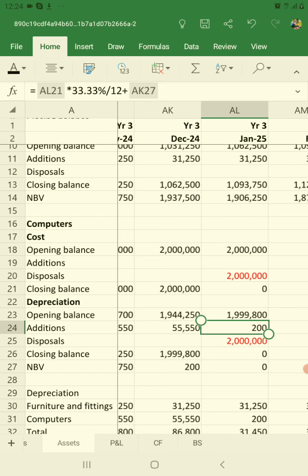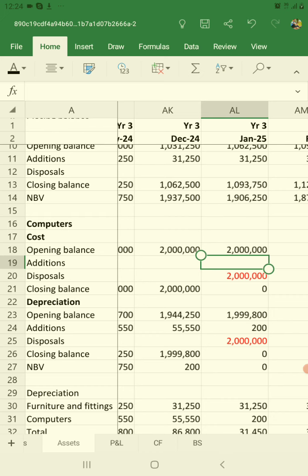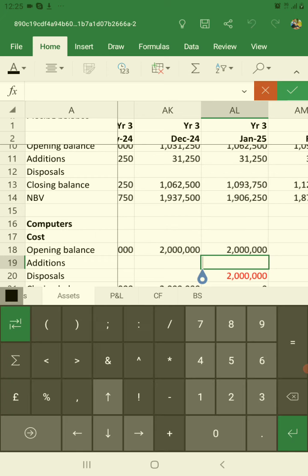So in the addition section here, I click on January 25 where we made a disposal. I add a new laptop. Let's say now it is 3 million instead of the 2 million we purchased earlier. So I double tap and then put 3 million Tanzanian shillings.